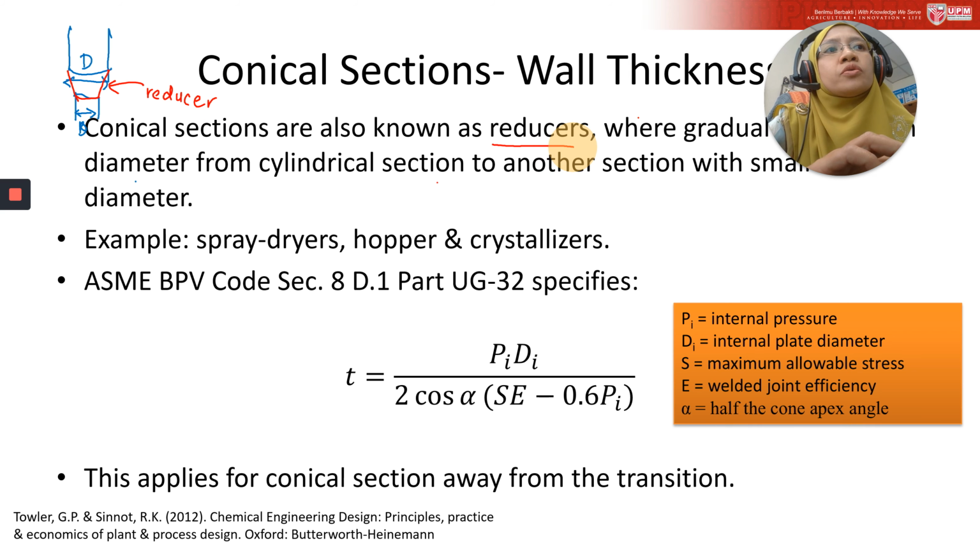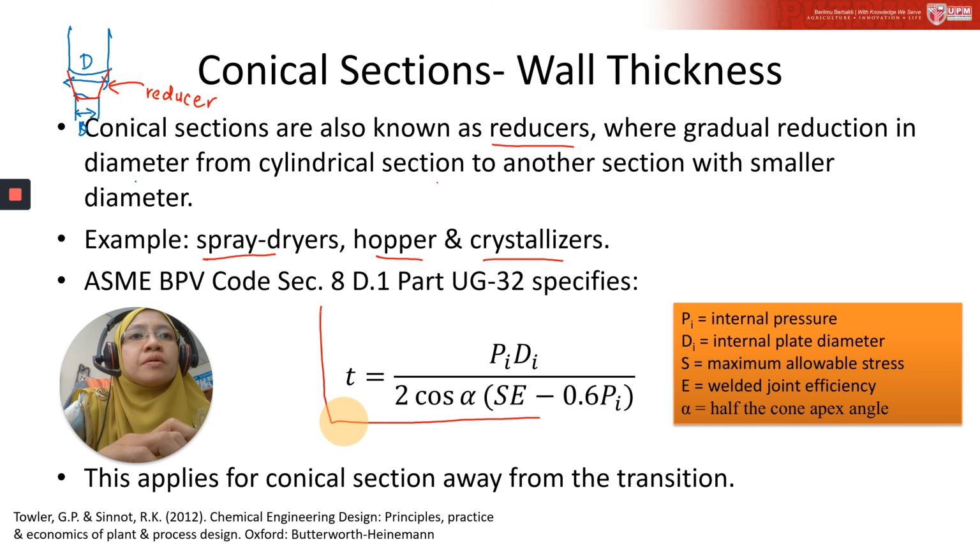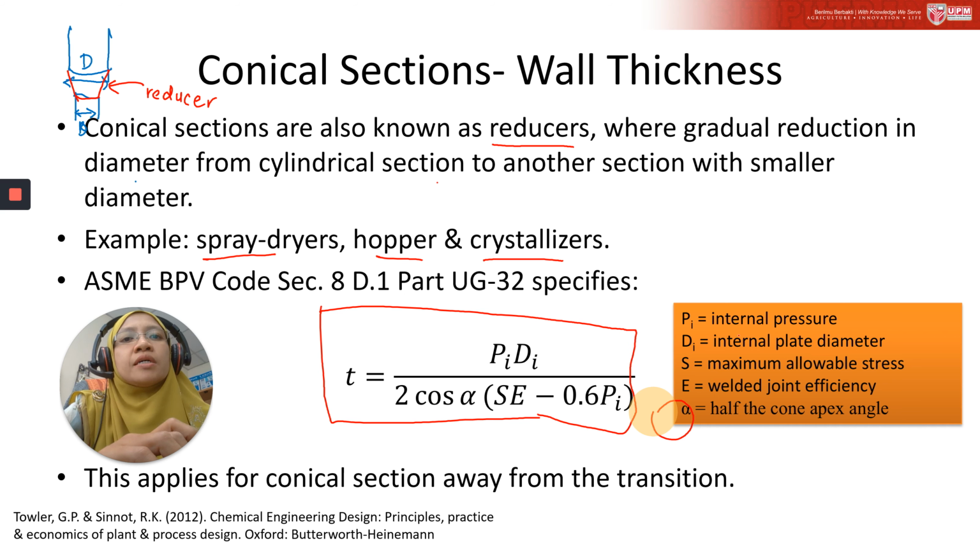When you join different sizes of equipment, this is normally found at spray dryers, hoppers, and crystallizers. ASME specifies this equation, and for this calculation you need half of the cone apex angle. This equation applies to the conical section away from the transition.